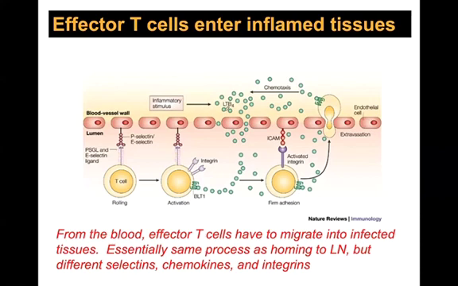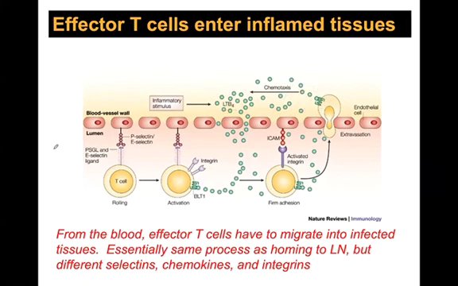In this case, it's showing LTB4, which is not necessarily a chemokine, but it will bind to a receptor on the T cells. And it's the same process where the cells are rolling through the blood vessel. They get a chemokine receptor signal, which causes activation of an integrin, and that then allows them to enter tissues.